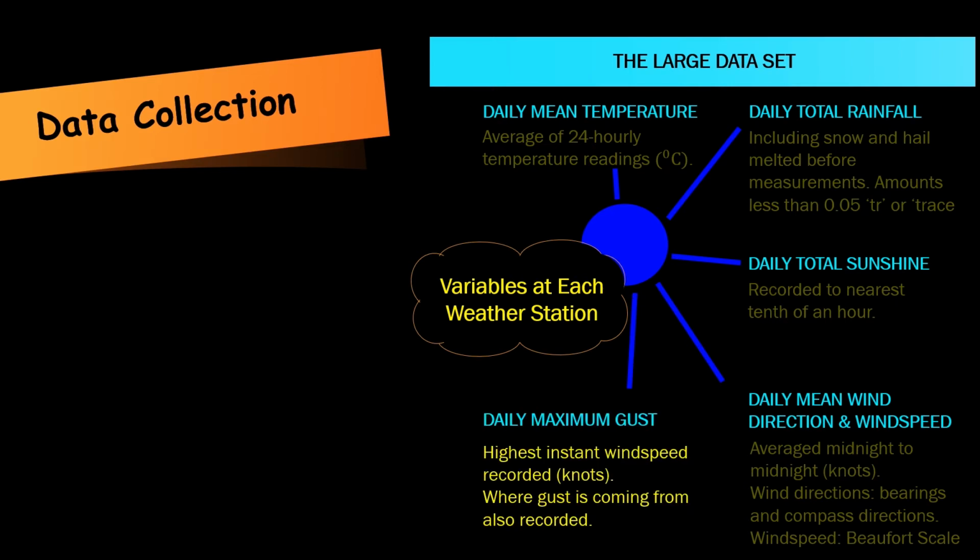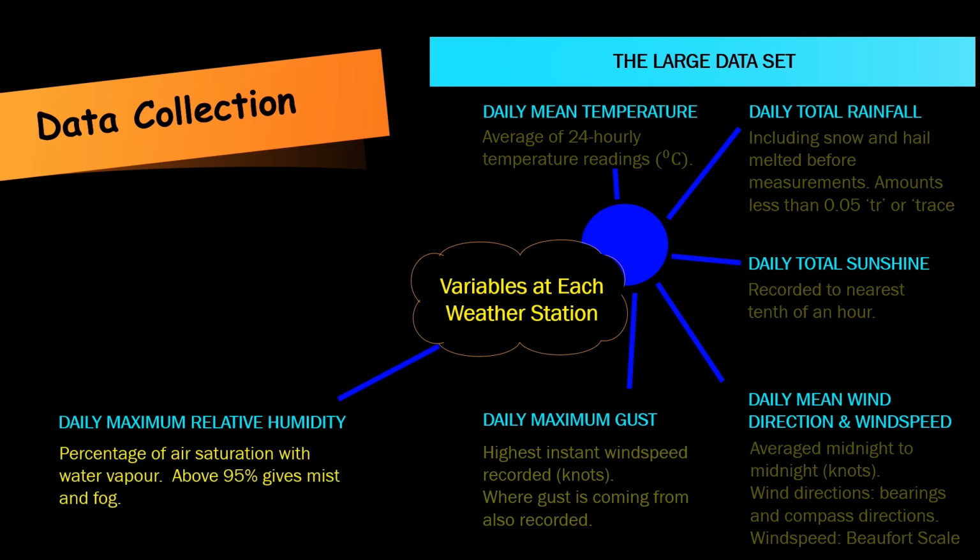Other variables at each weather station are daily maximum gust, this is the highest instant wind speed recorded in knots. Where the gust is coming from is also recorded. The daily maximum relative humidity, this is the percentage of air saturation with water vapour.